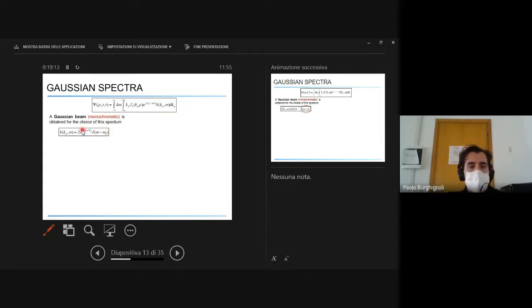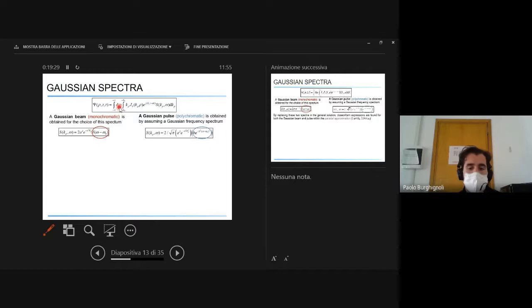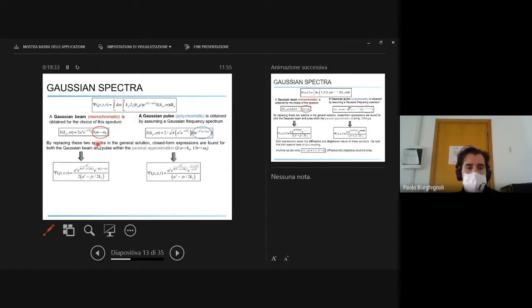And then we have the Gaussian distribution with respect to the k_rho variable here. And if we insert this expression in the integral up here, we obtain the Gaussian beam, which under the paraxial approximation is given in the closed form reported here.